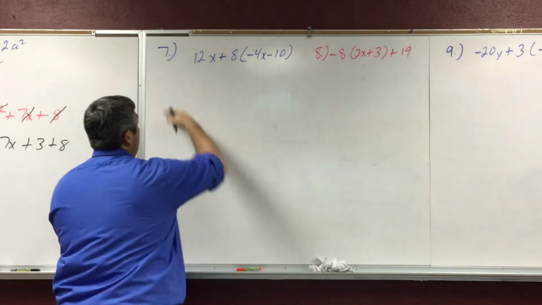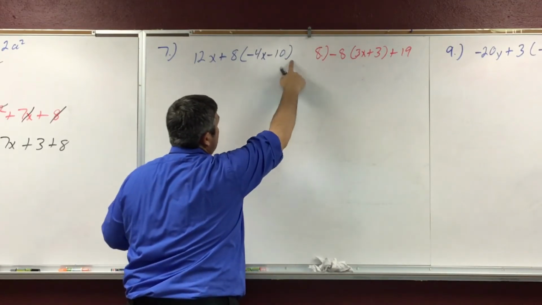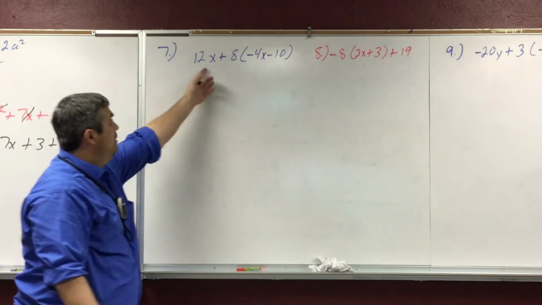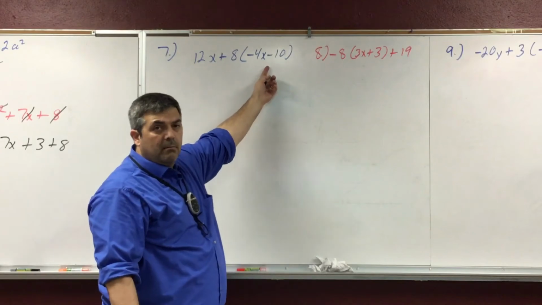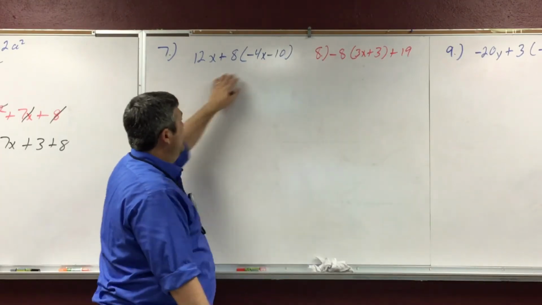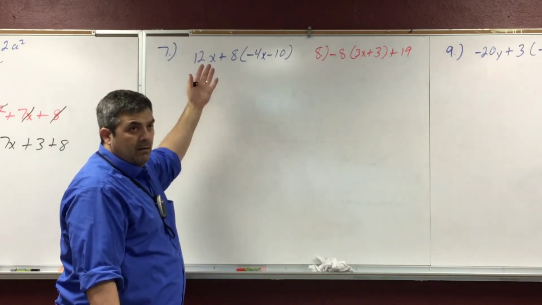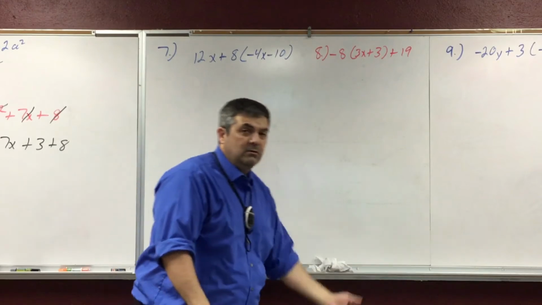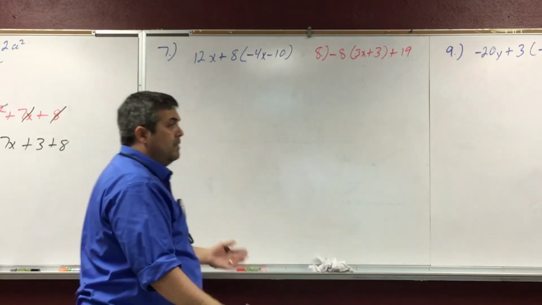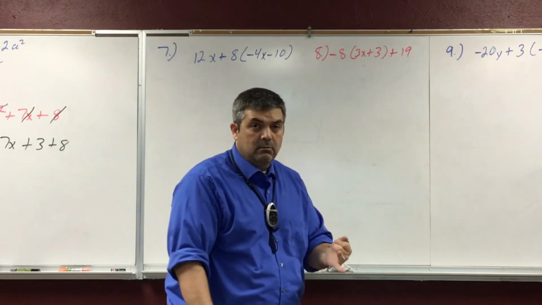All right, so here, 12x plus 8 parentheses negative 4x minus 10. Well, I can't combine the 12x and the negative 4x yet because I got other operations going on here. Okay, so until I can deal with these other operations, I can't combine it because you have to do order of operations first. Notice that when you're combining like terms, it's addition and subtraction.